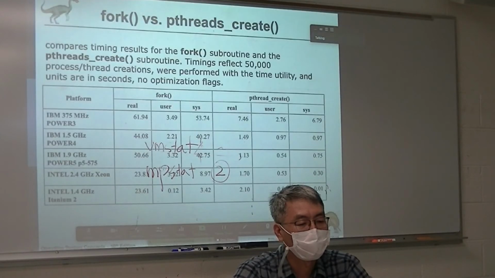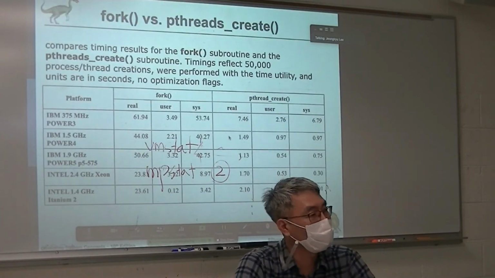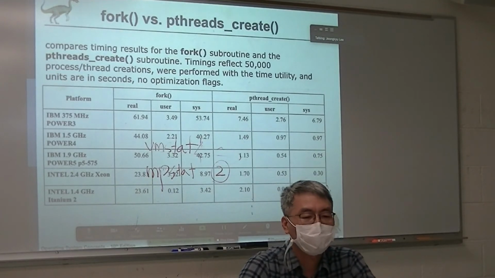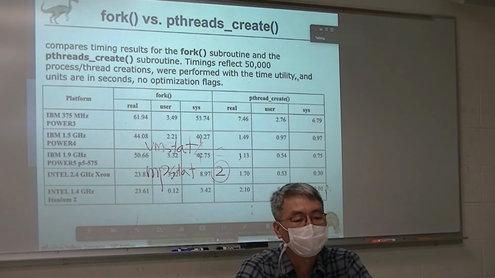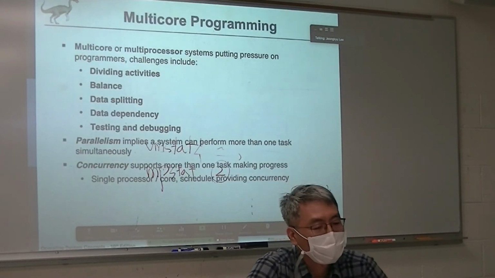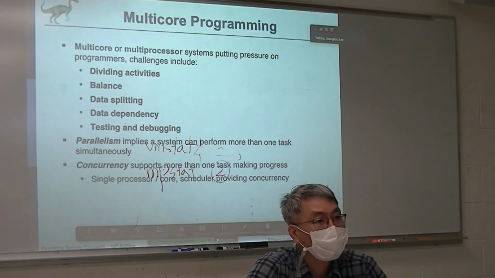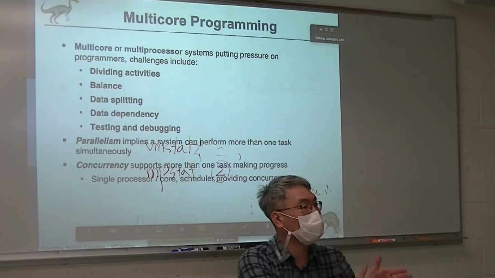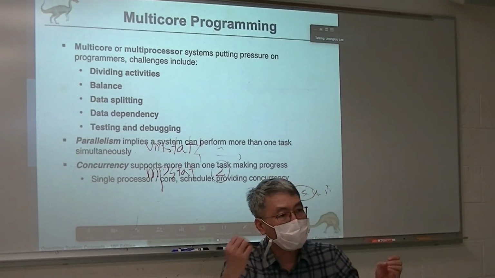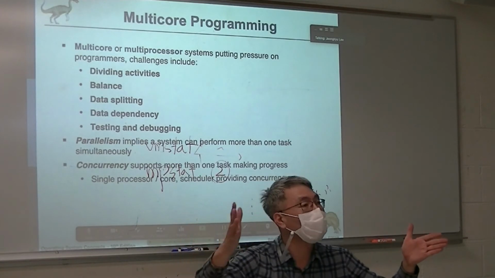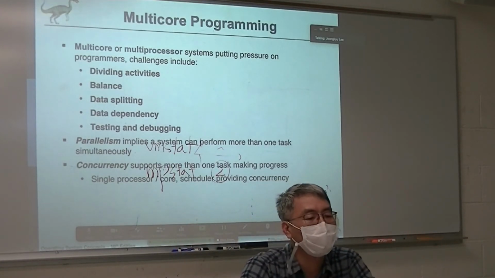This slide shows the benefit of using threads. Then, how can we use threads for multicore? The programming idea is that if each core takes one thread, we can get the benefit of parallel processing, so parallel programming.